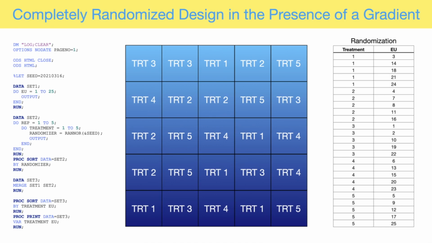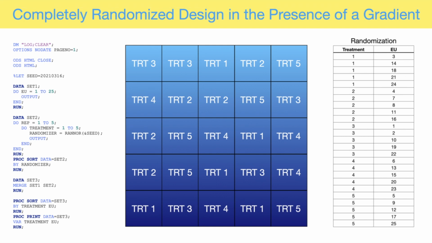Regardless of the reason, let's suppose we do have this heterogeneity and we use a completely randomized design, with the same randomization we looked at in the previous situation. So we've got these treatments randomly assigned to the 25 experimental units.